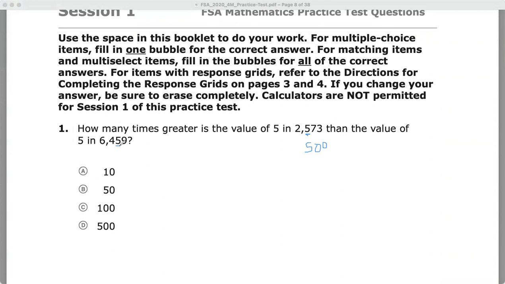And in this number, it's in the tens place, or 50. So how many times greater is 500 than 50? Well, 50 times 10 would equal 500. You're just moving it from the tens place to the hundreds place. So that's times 10.